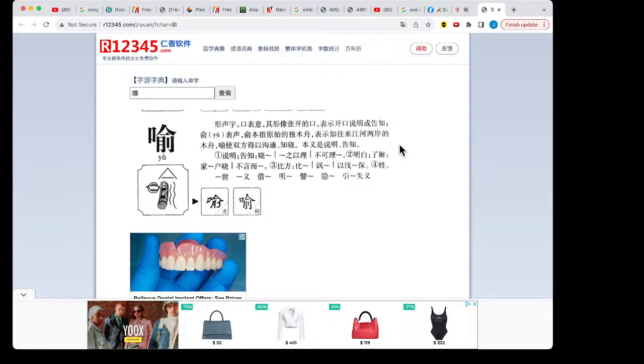To connect both sides of the river. And so they use this plus the mouth to mean that you are speaking in a way that tries to make the other person understand what you're trying to say, or you try to inform the other person so that they understand. Okay, so this is the character 喻.